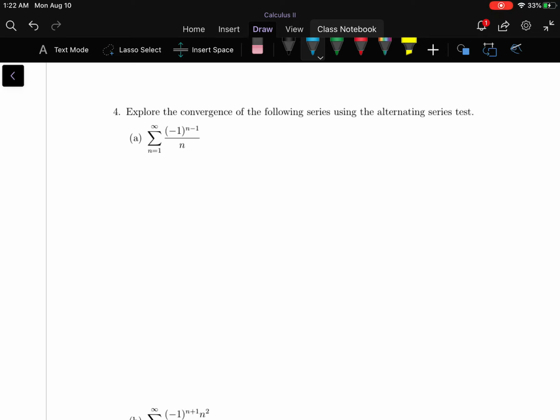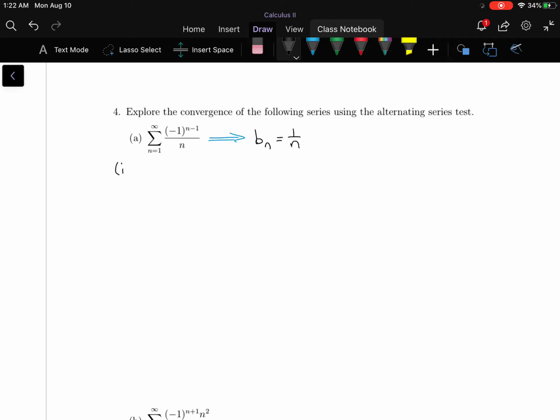In the alternating series test, we are going to note that based on this form here, our b_n is going to be 1 over n. The alternating series test requires your series to have a particular form, and you're interested in the b_n part, so b_n is going to be the 1 over n. We need to check that conditions are satisfied.